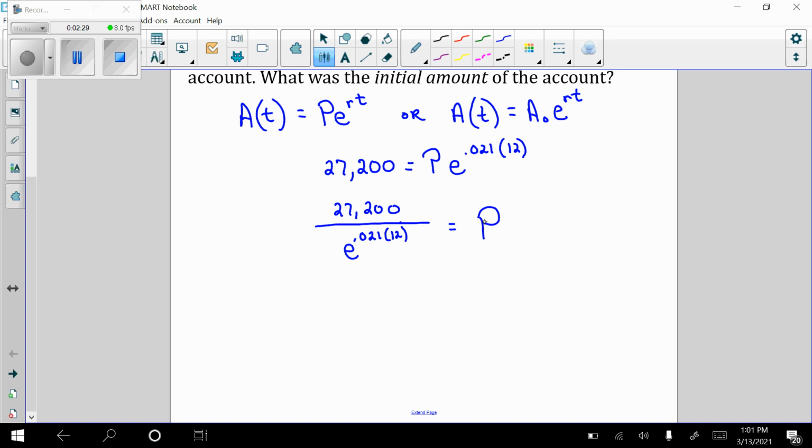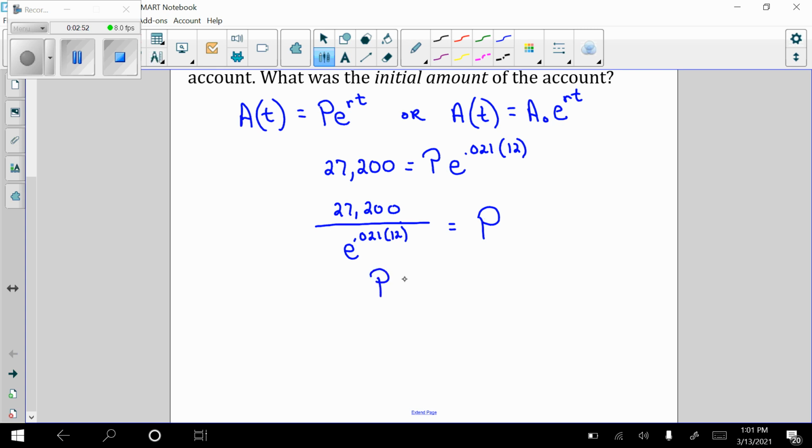If you use your fraction key, that would be perfectly fine. I would probably go ahead and calculate the decimal for the denominator. And then I would go back and just take 27,200 divided by, and then go up and capture that decimal. So you're using an exact value instead of a rounded off number.